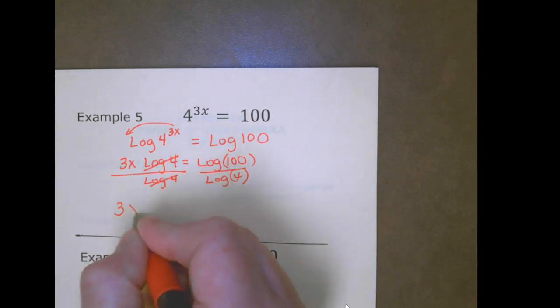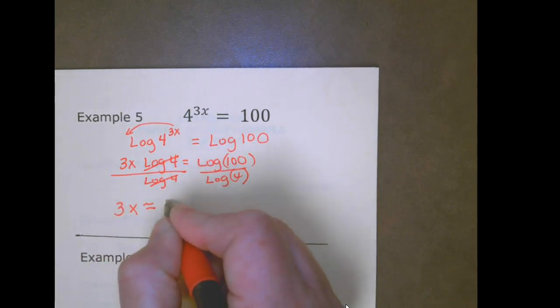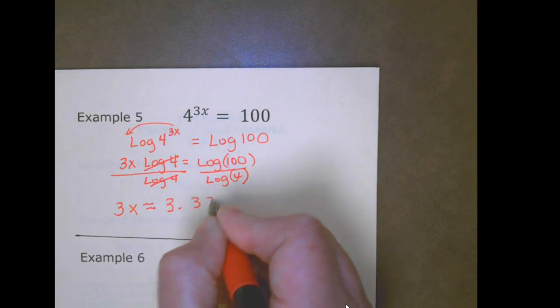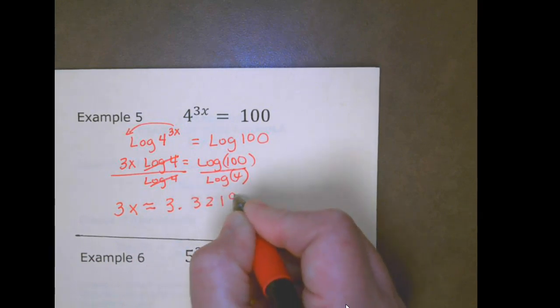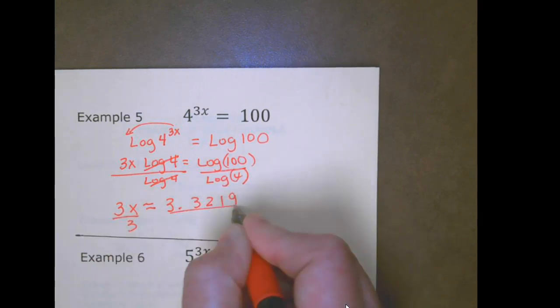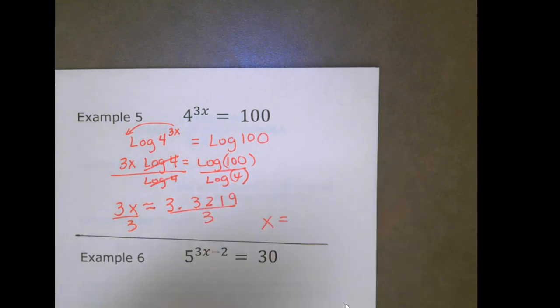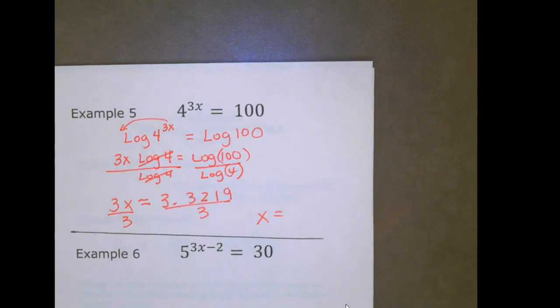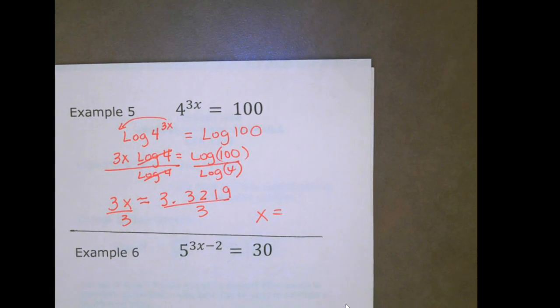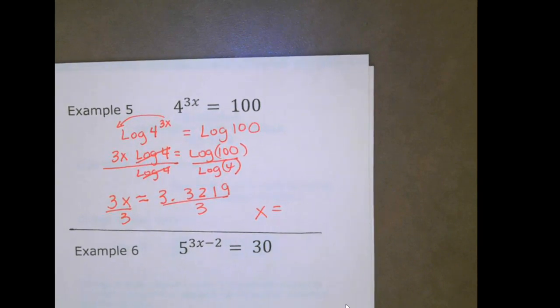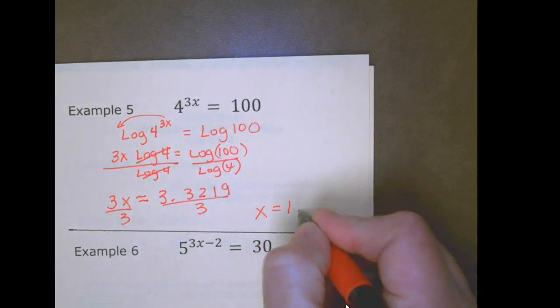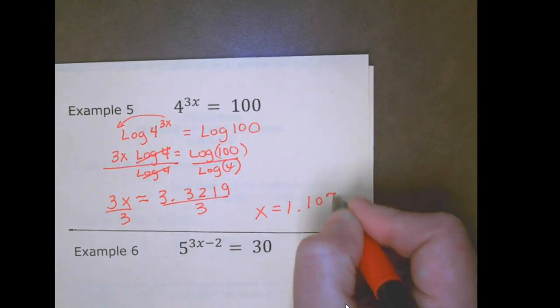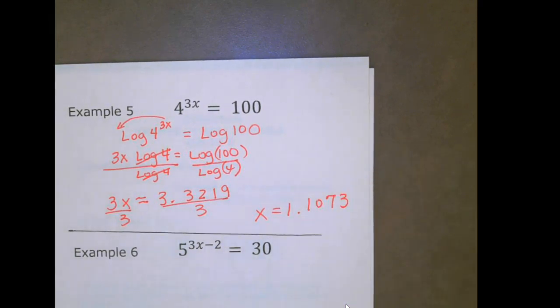So 3x will approximately equal 1.3219. Divide both sides by 3. And that's 1.1073, approximately, rounded off.